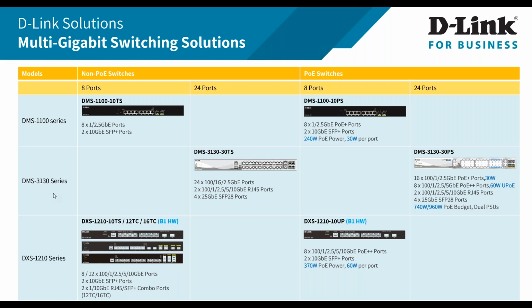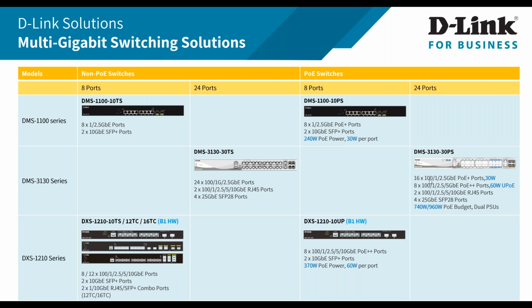If we talk about the DMS 3130 series, it has 24 port models with 4 2.5G uplinks. Again, the 25G uplink ports are backward compatible with 10G. DMS 3130 TS is a non-PoE switch which supports 24 2.5 GB multi-gigabit ports, which can be suggested for workstation as well as desktop connectivity.